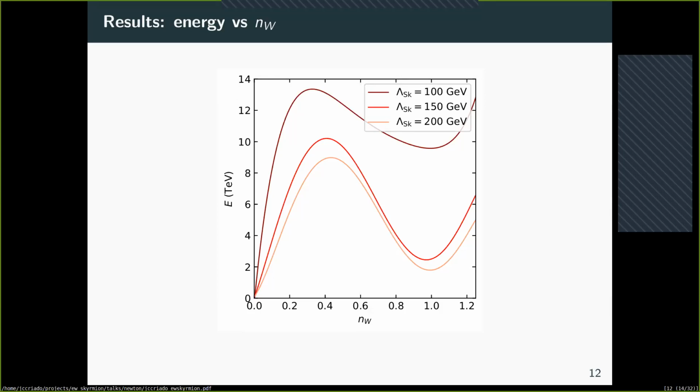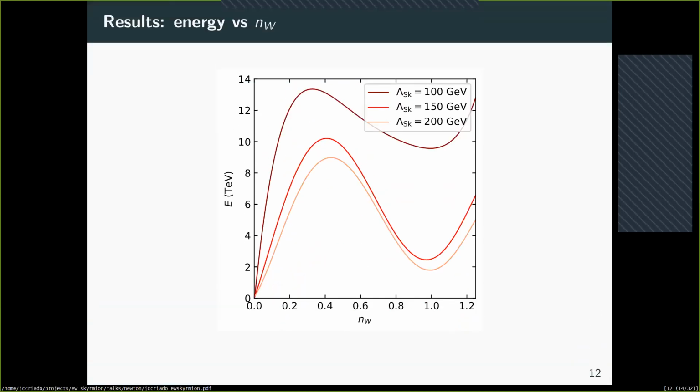You have many questions, so let's proceed in order. Next is Mark, please. Yeah, I have two very quick questions. One is, first of all, the winding number can be negative also, right? So you also have skyrmion, anti-skyrmion annihilation. Did you take that into account in computing your relic density?